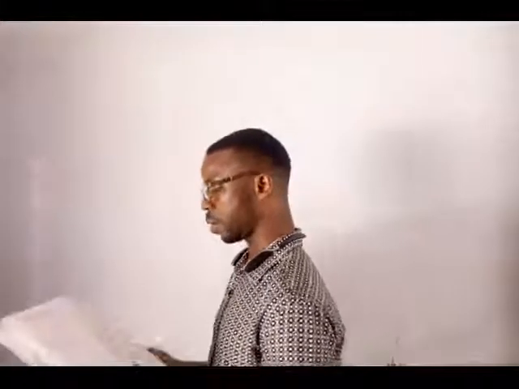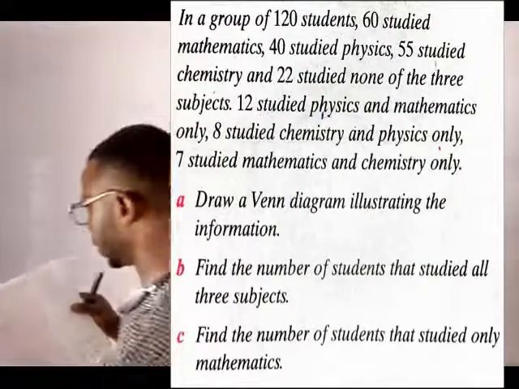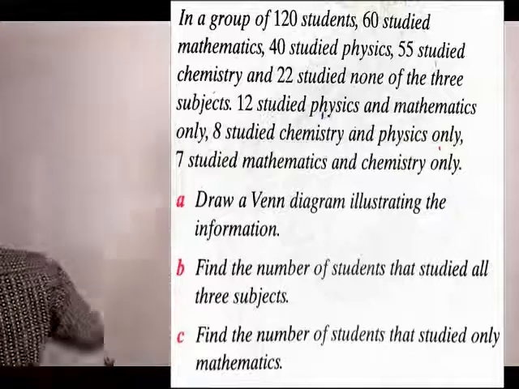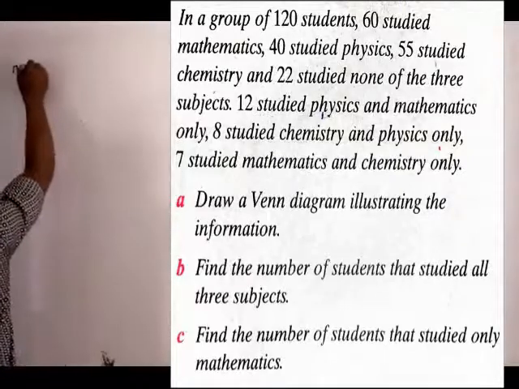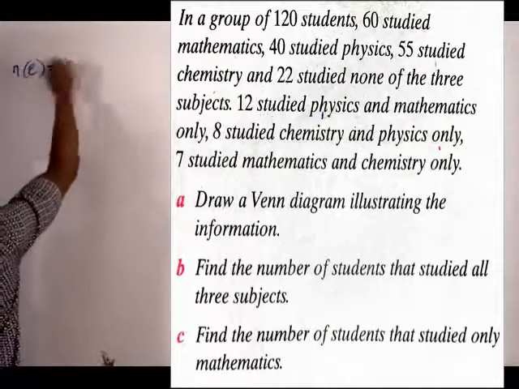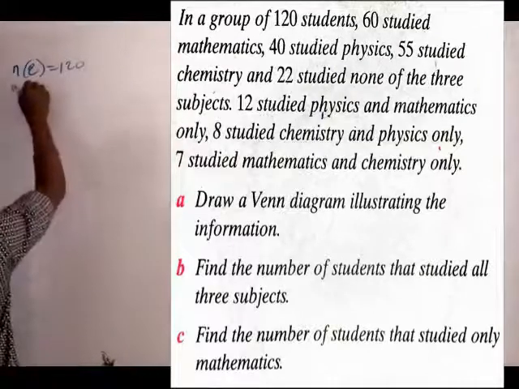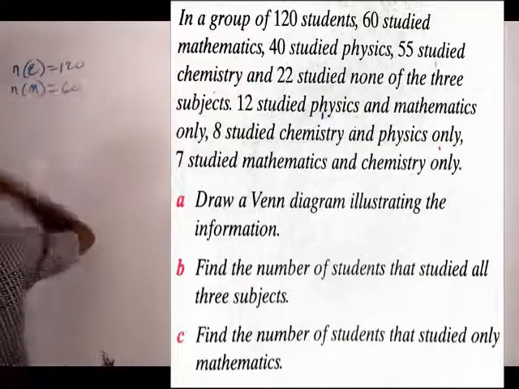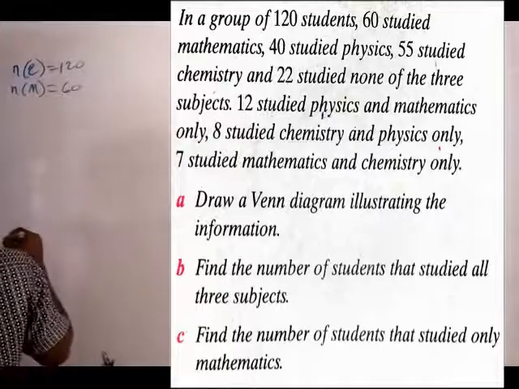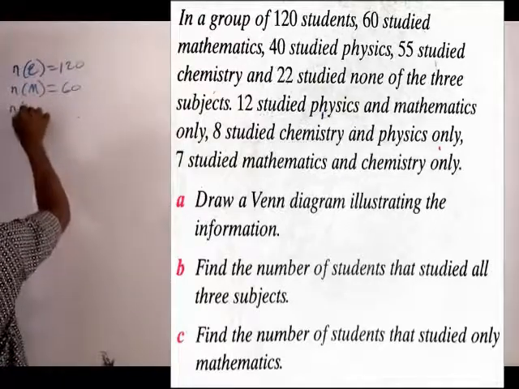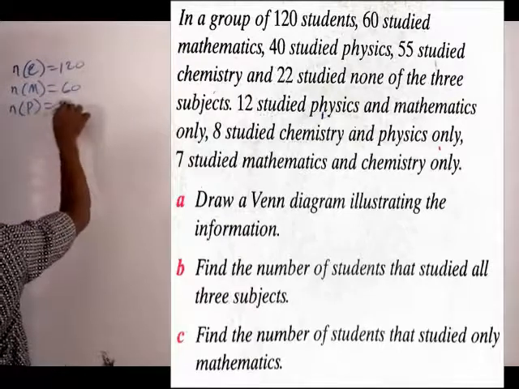Let's move to the next question. In this question, it says, in a group of 120 students, so all the students, we have 120 of them, 60 studied mathematics, number that studied mathematics, 60. 40 studied physics, number that studied physics, 40.